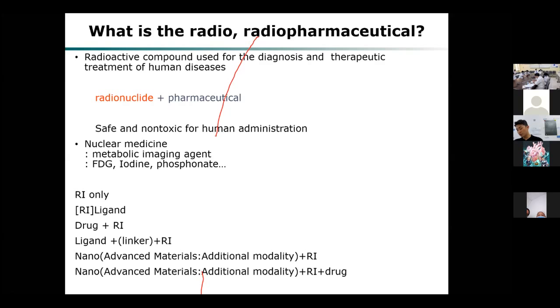In this case, we use iron oxide nanoparticles and other nanoparticles that naturally have some modality, used for radioimaging and radiotherapy. Next, we add a drug to the nanoparticle, and we can check the drug efficiency, the nanoparticle imaging modality, and radioactive imaging and therapy.